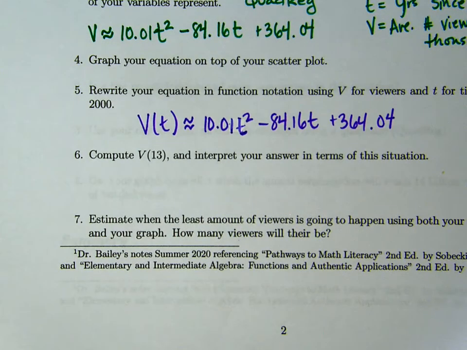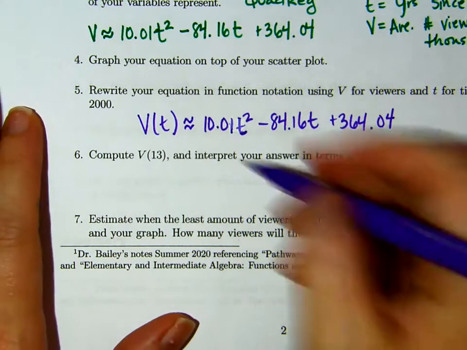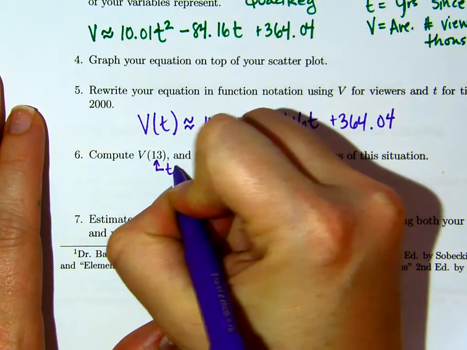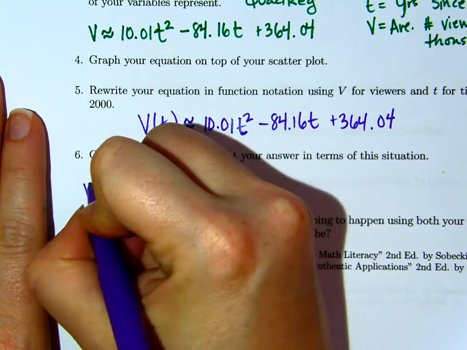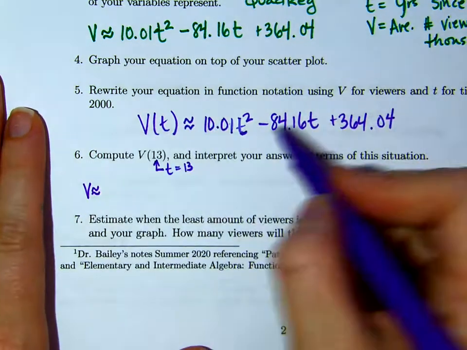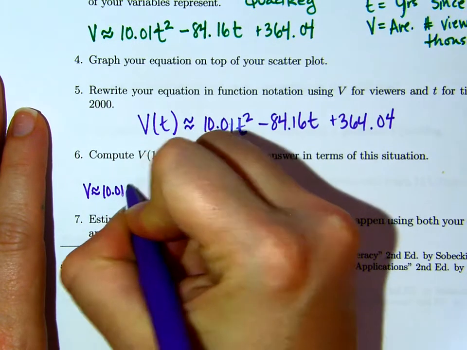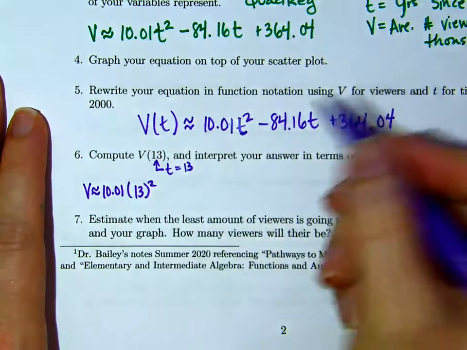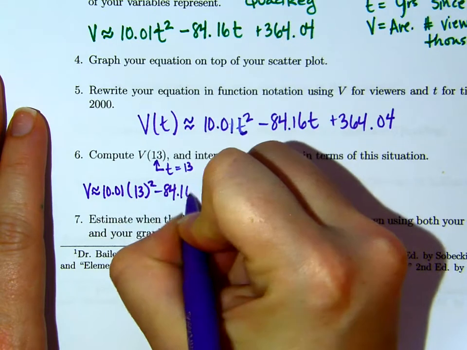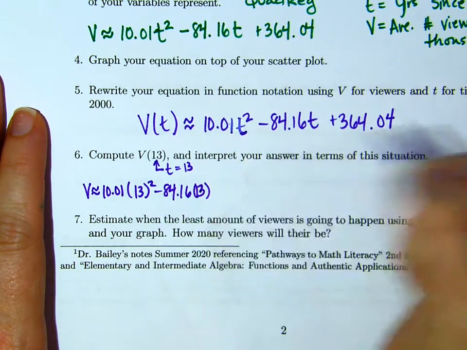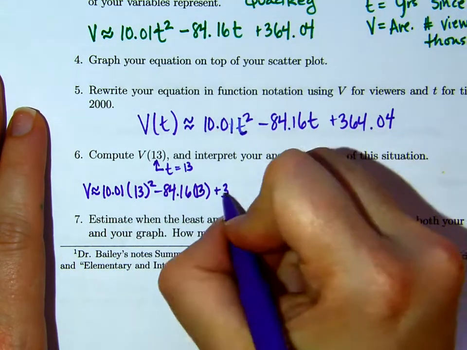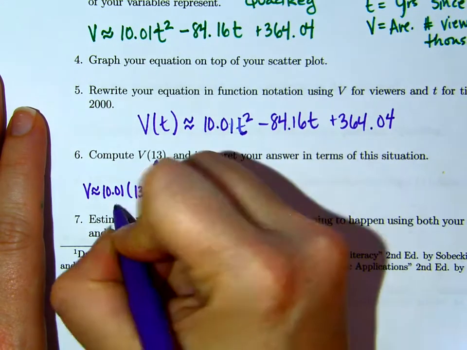Compute V of 13 and interpret the answer. So here, t equals 13. And then the viewers would be, I'm going to put a 13 into each one of these. 10.01 times 13 squared minus 84.16 times 13 plus 364.04.